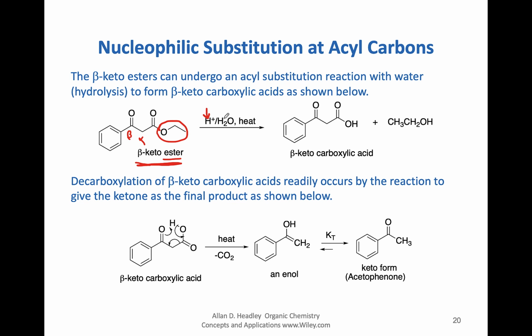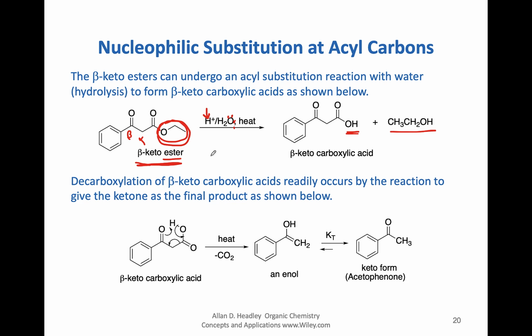Here's an acid as a catalyst. Here's a nucleophile, water. So you can expect this reaction to go as a substitution to substitute the OC2H5 with the OH, to give ethanol as a leaving group and substituting our OH right here.